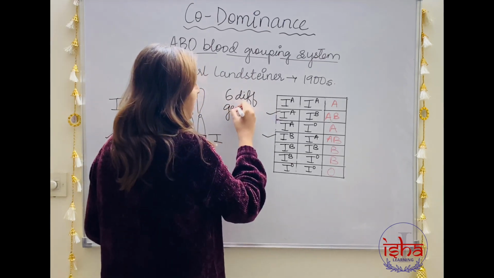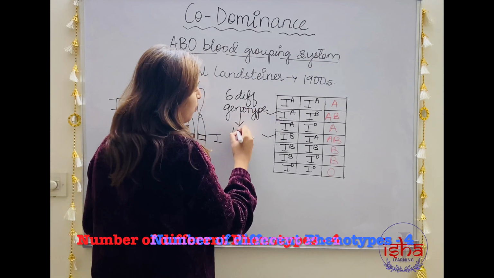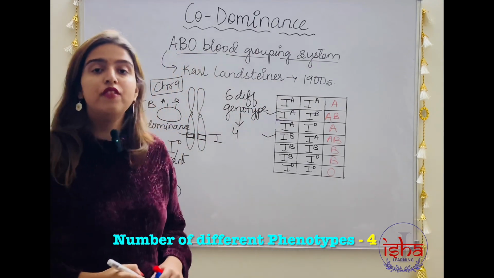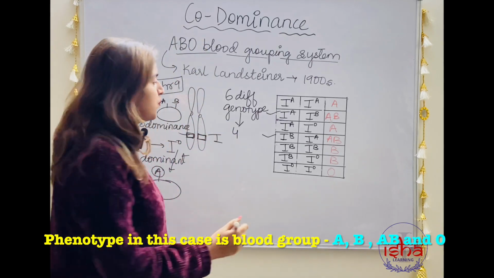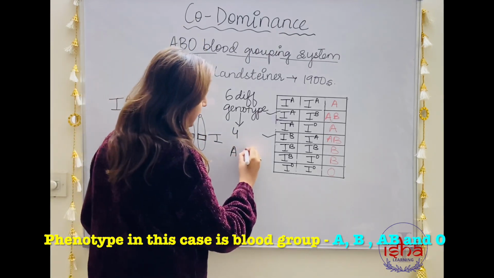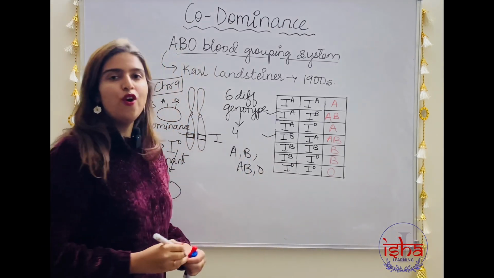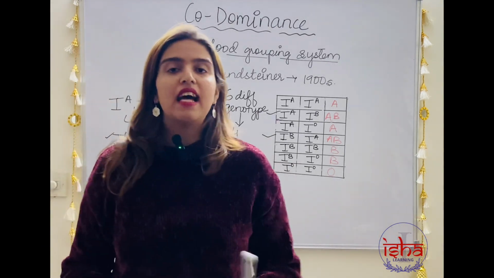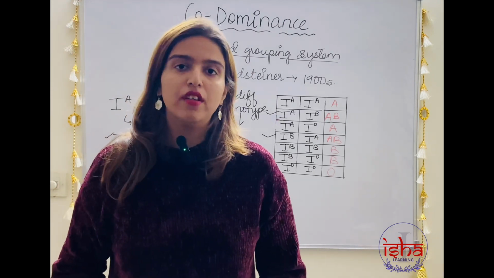How many phenotypes are they giving me? They are giving me 4 different phenotypes. The phenotype in this case is the blood group and I get 4 blood groups: A, B, AB and O. So the role of codominance was that genes IA and IB are codominant with each other.